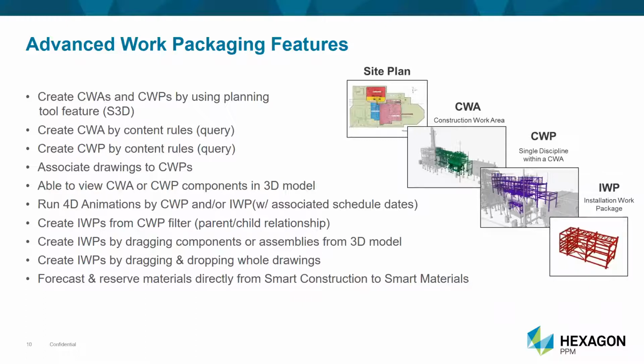The other thing is creating IWPs from a CWP filter. Within Smart Construction, we have the ability to filter on a given CWP and focus only on that, and then start making selections of your IWP based solely on that parent CWP.